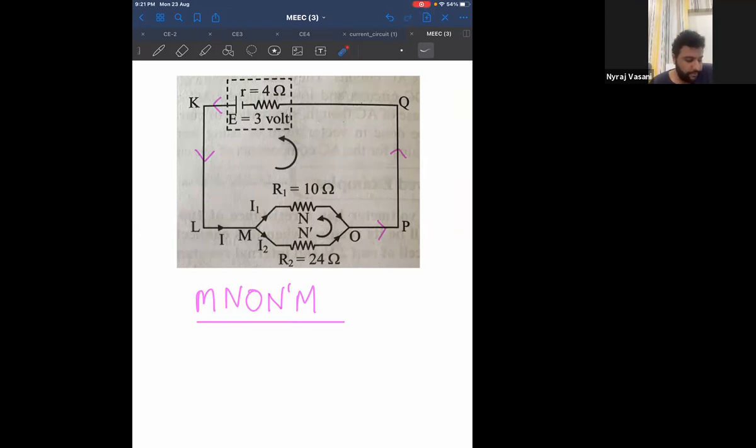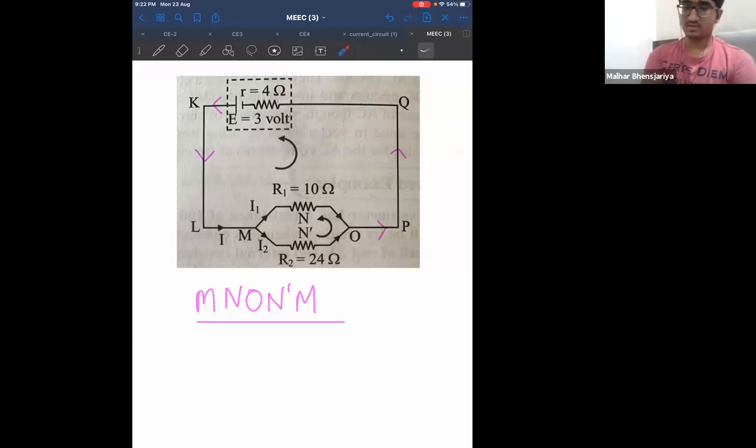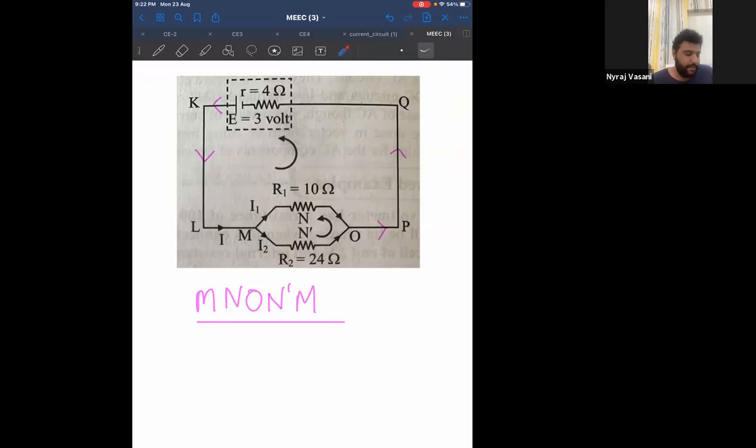Okay, so anyone wants to go for it? Minus 10 I1. Okay, Malhar is going for it. Okay. Go with me.